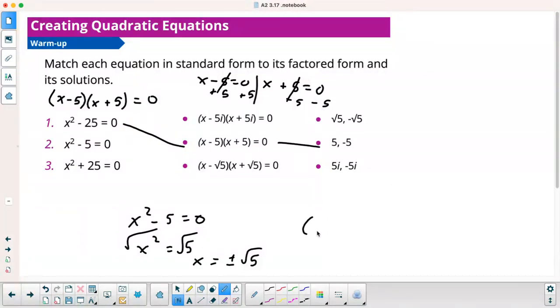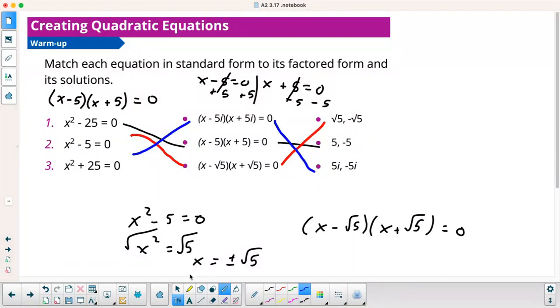And then if I want to do my factors, I would do x minus each factor, x minus the square root of 5, and then x plus the square root of 5, or x really minus negative radical 5, which double negative turns into a plus. So for this one, it would be here and then here. And then that would make the last one this route.